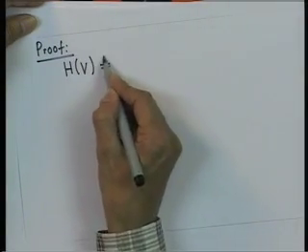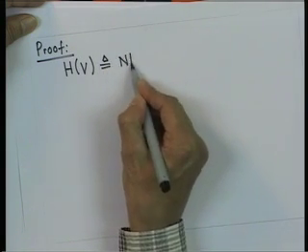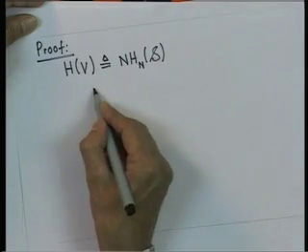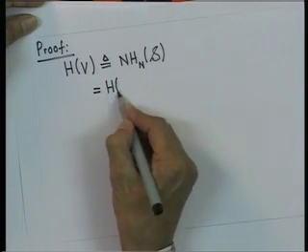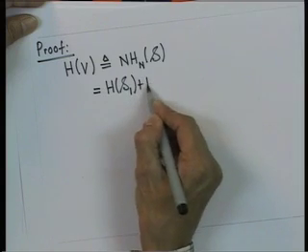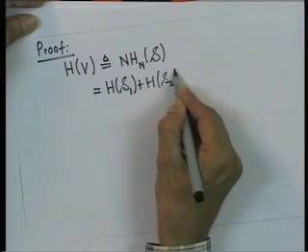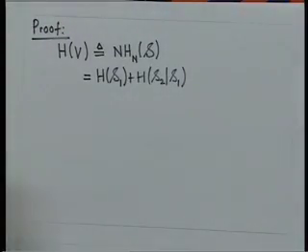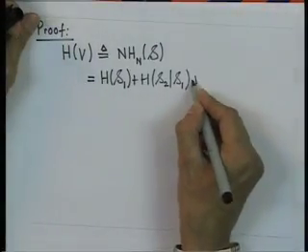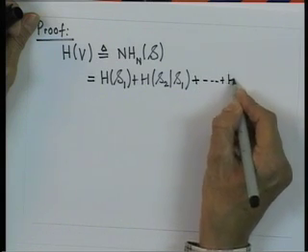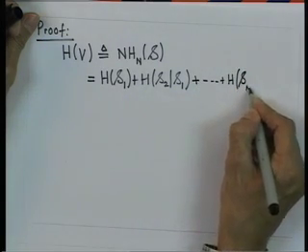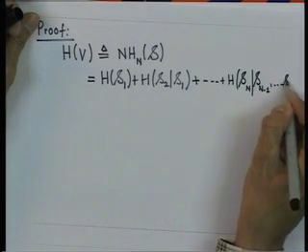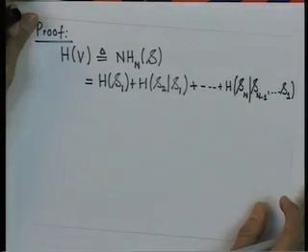HV by definition is equal to n times HnS. So, this is equal to H of S1 plus H of S2 given S1 plus up to H of Sn given Sn minus 1 up to S1.